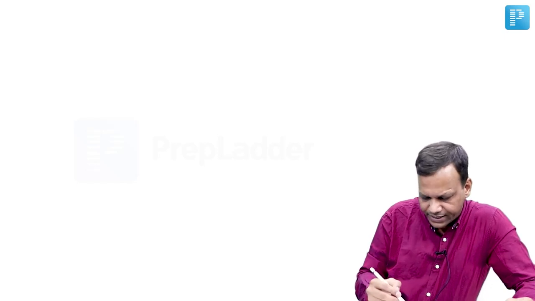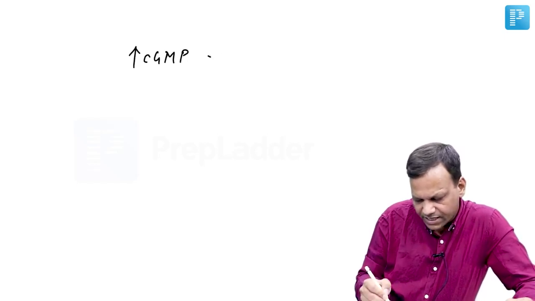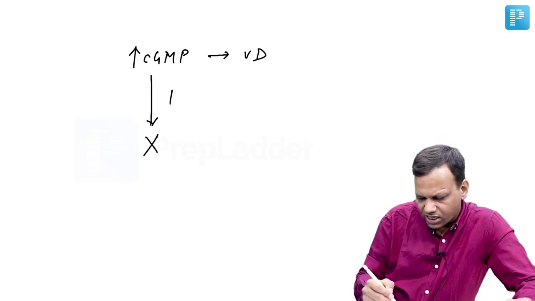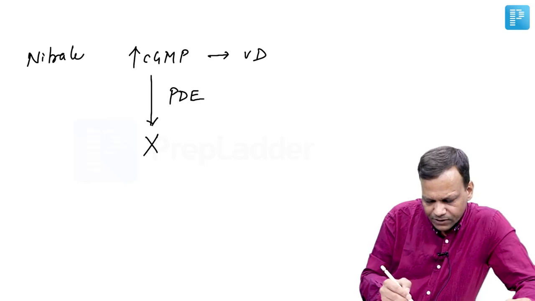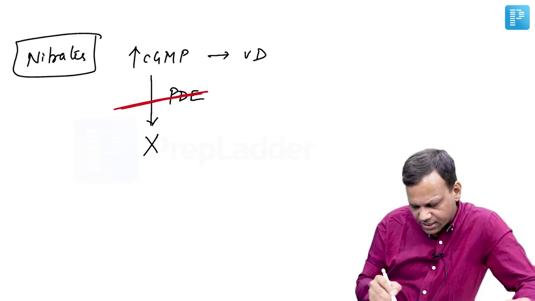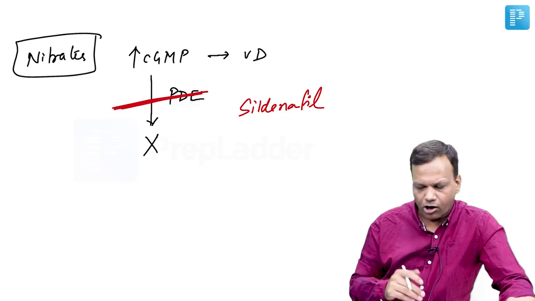Lastly, nitrates increase cyclic GMP, that is causing vasodilation. But cyclic GMP is metabolized by an enzyme called phosphodiesterase. So when we give nitrates, they increase cyclic GMP. But along with this, if we give a phosphodiesterase inhibitor like sildenafil, then cyclic GMP cannot be broken.